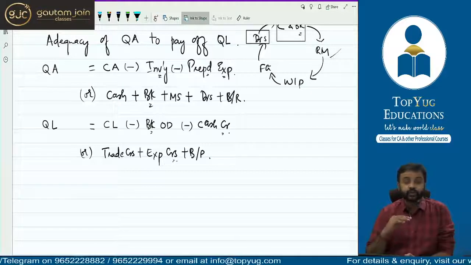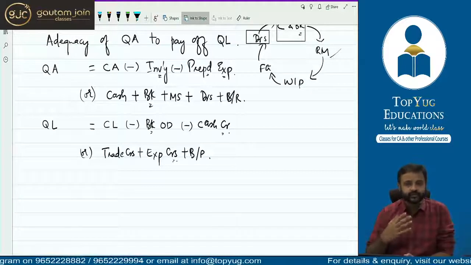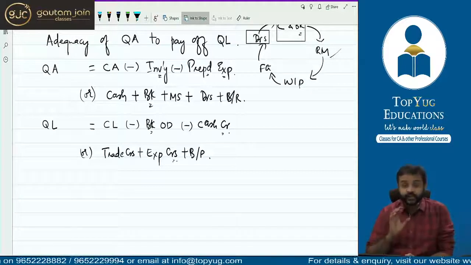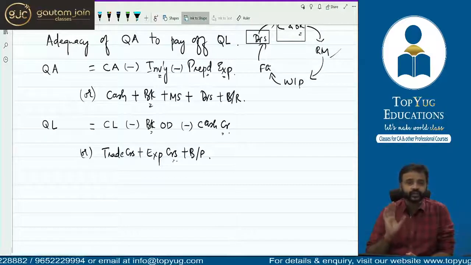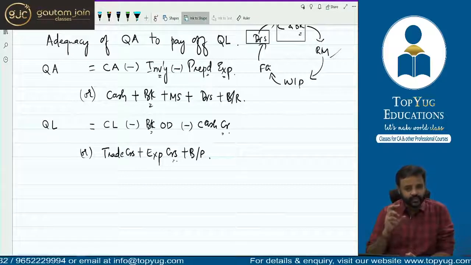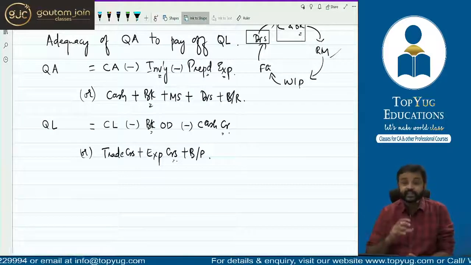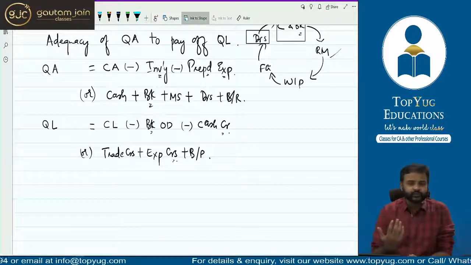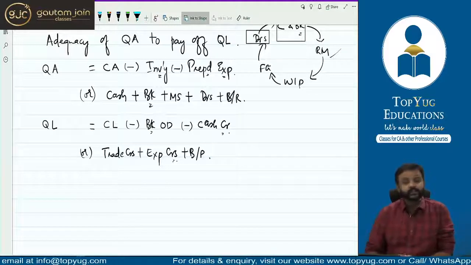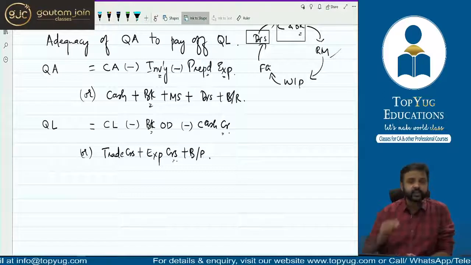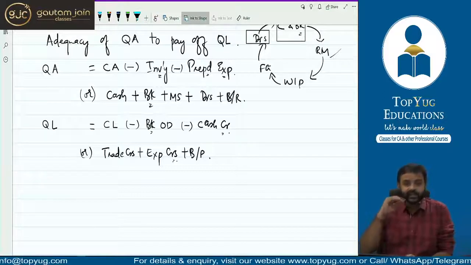Instead of that, when you know regularly you are going to do this, the business, the company, always in our discussion, I've told you earlier, we are talking about a company, mainly a manufacturing company. So when we are talking about this company, which is regularly in need of funds and regularly overdraws, they can go for a cash credit facility, wherein some limit will be set, and up to that limit there is no need to ask the banker again and again.